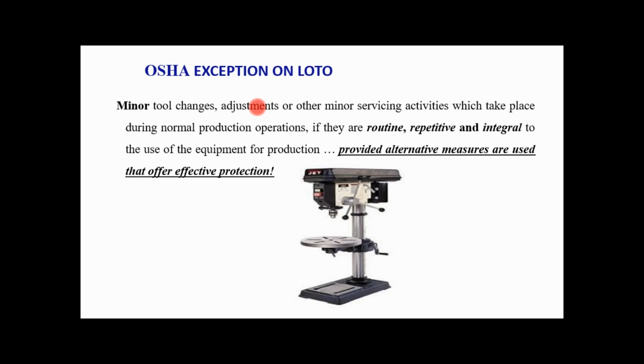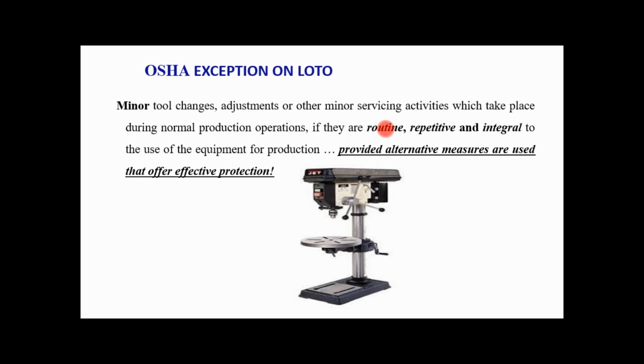Then the different examples of exceptions are adjustments or other minor servicing activities which take place during normal production operations. If they are routine work, repetitive work, and integral to the use of equipment for production, then we can say that there is no essential or mandatory requirement for these LOTO systems. So these are the different exceptions.